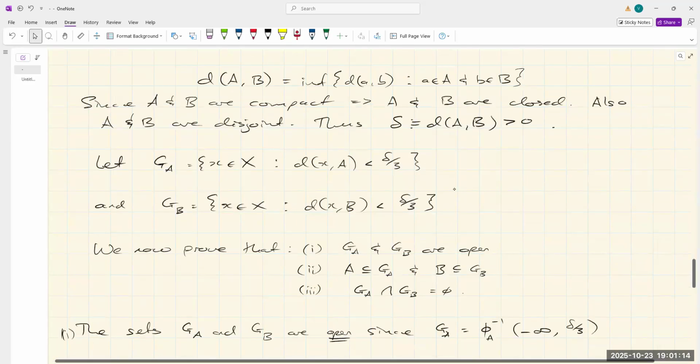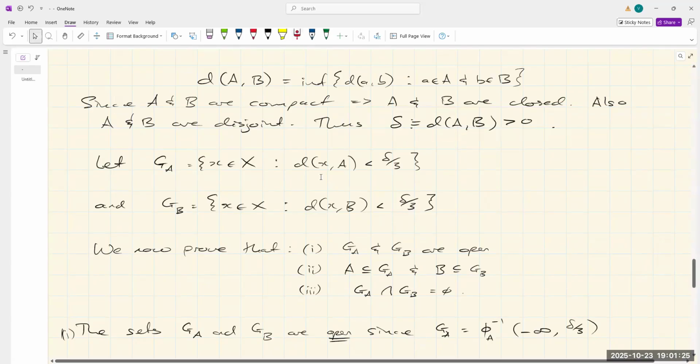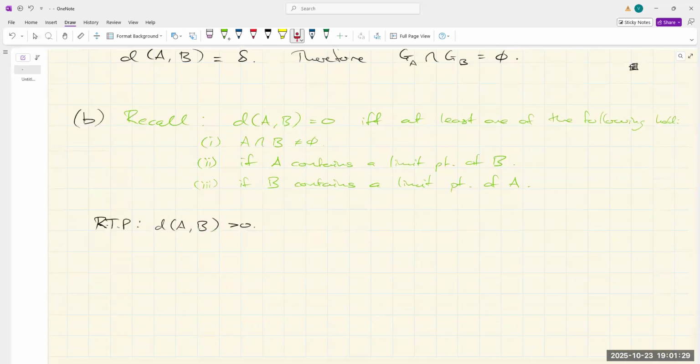We use it to define delta. So now we're going to justify why we could have done that. I suppose this part should have come first, but oh well. So why is it that this is strictly positive?